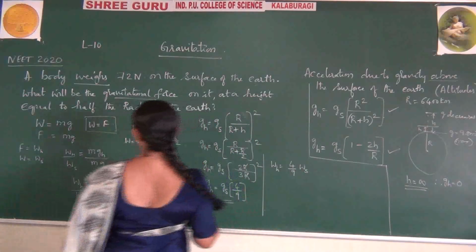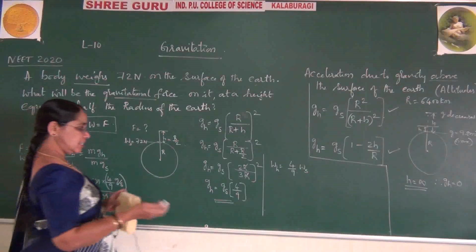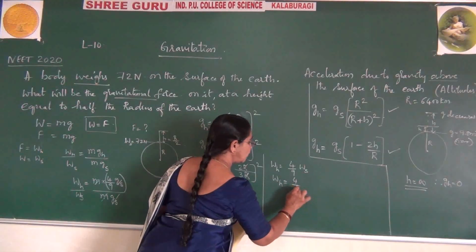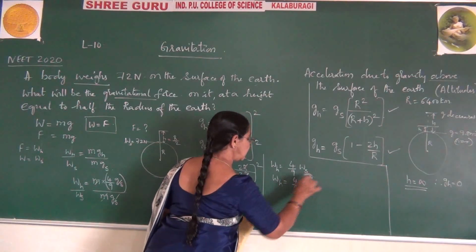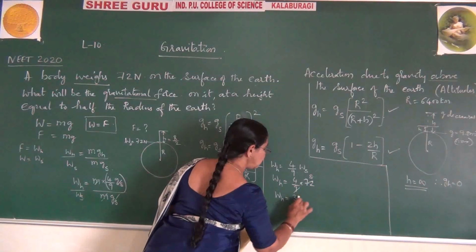But you already know at the surface it is called WS, which is 72 Newton. Therefore, WH is equal to 4 by 9 into 72. 9 eights are 72. You get WH is equal to 8 fours are 32 Newton.